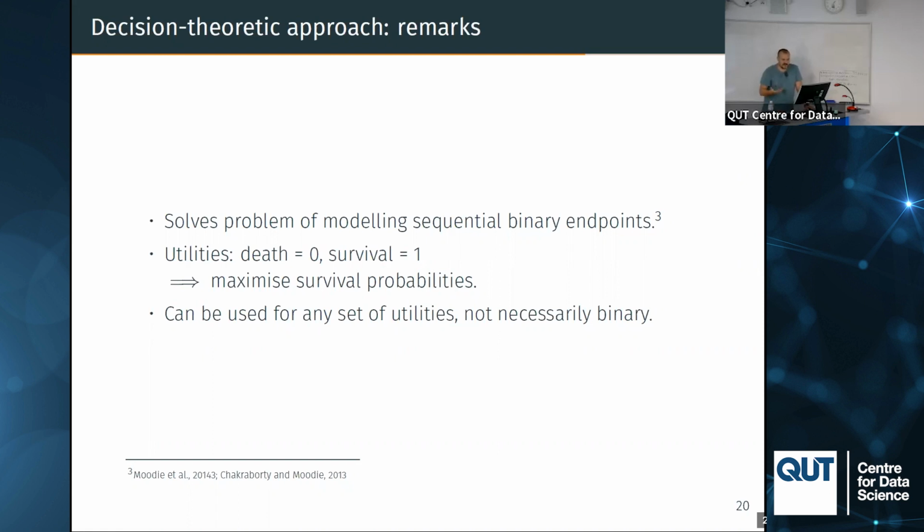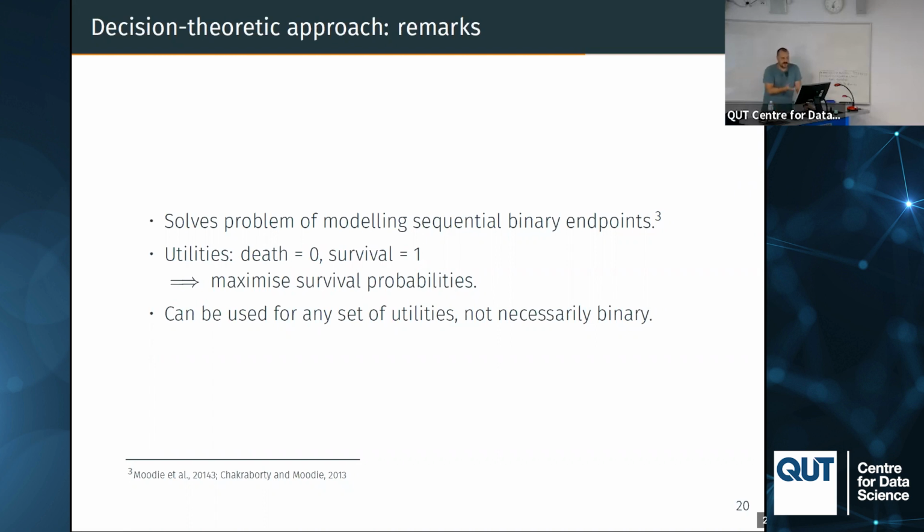So a lot of the pushback I get when I propose using a decision-theoretic clinical trial model is that it's really hard to assign utilities because they're so subjective. But in this case, even these trivial utilities have the same sort of interpretability as a classical statistical model, like a logistic regression.